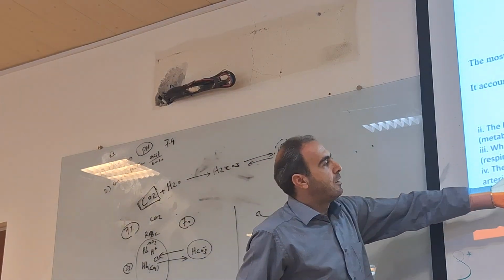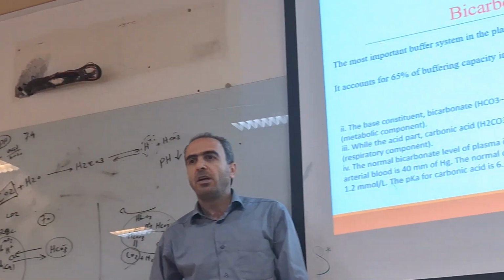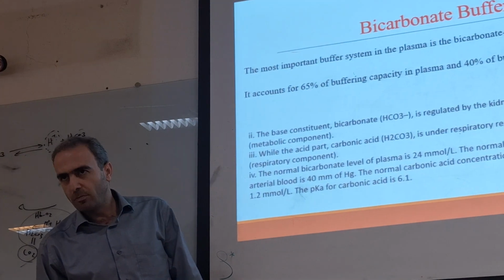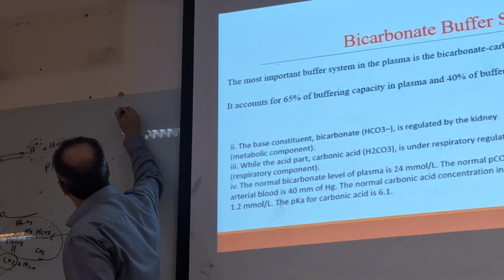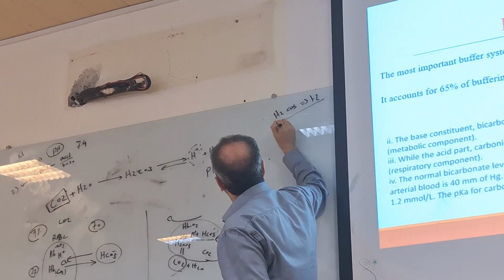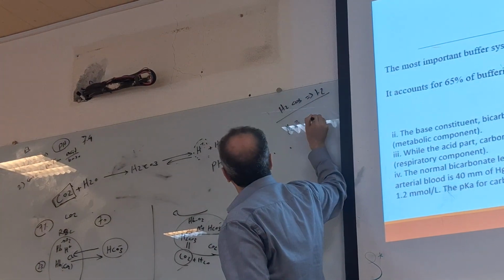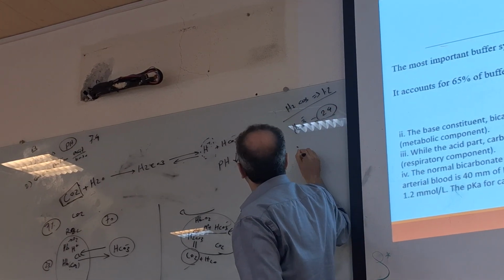But here, the carbonic acid H2CO3 is 1.2, and bicarbonate is 24, near 22.